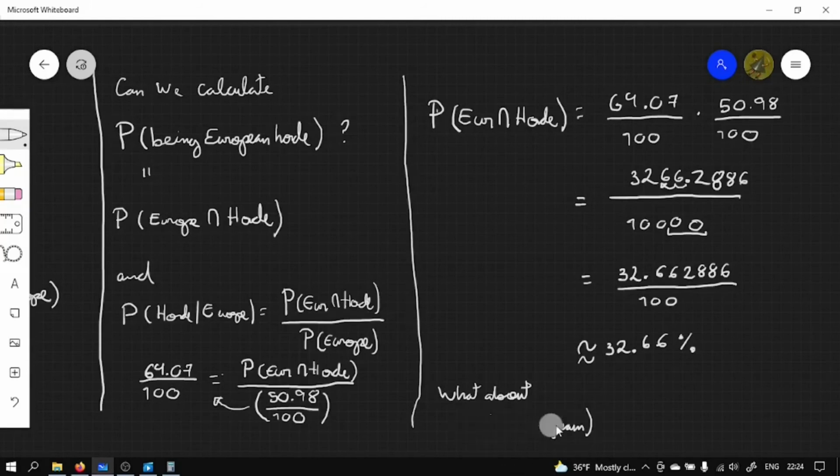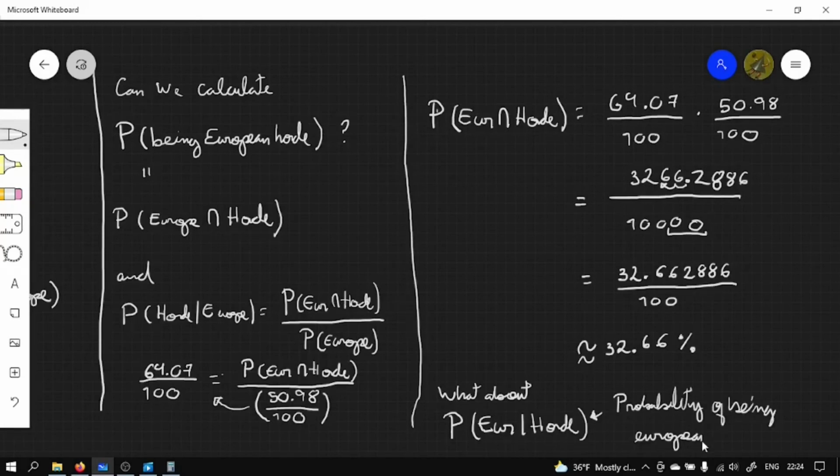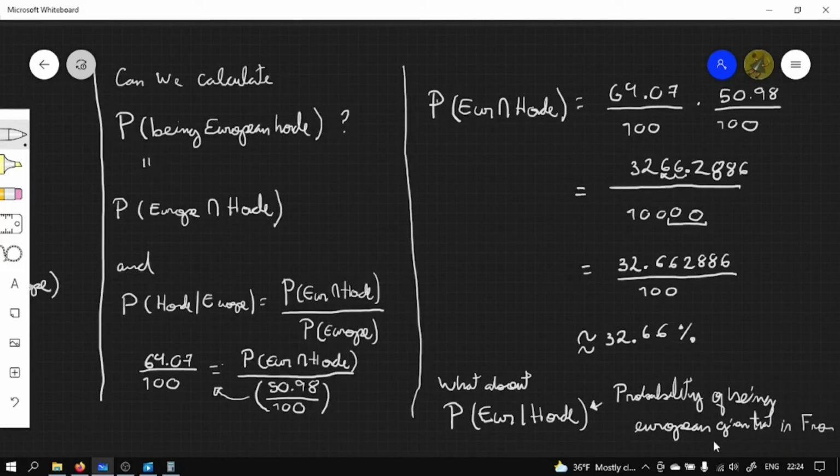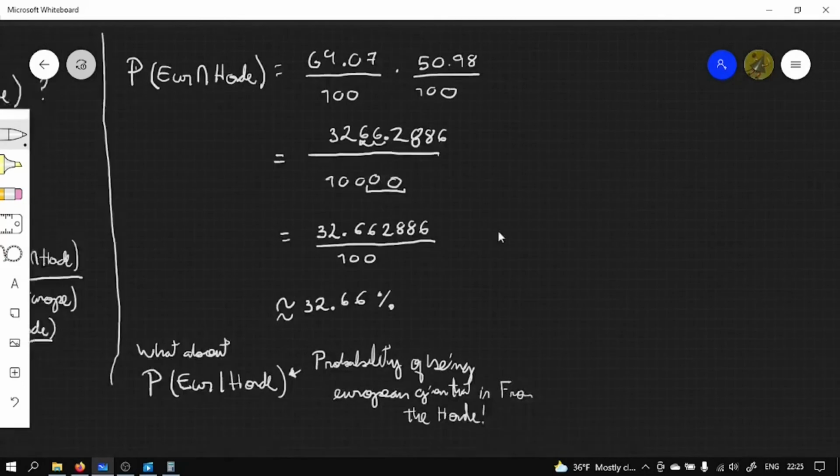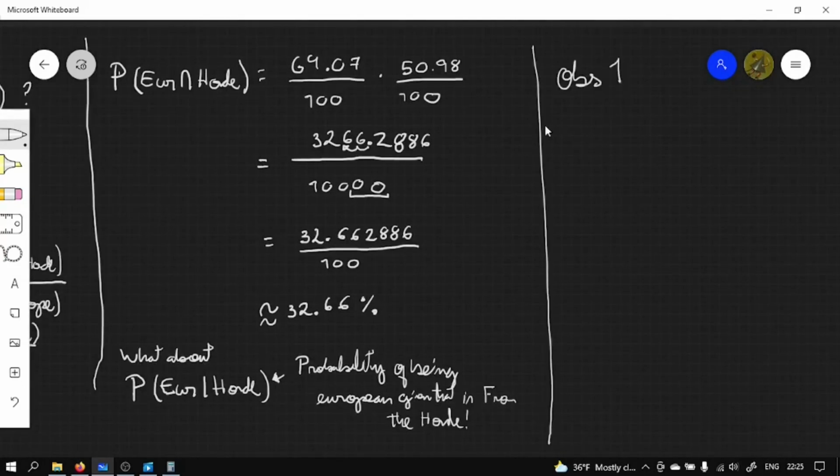Now, can we compute the probability of being in Europe given the fact that you are in the Horde? Well, for that we need an extra piece of data. We use observation 1.